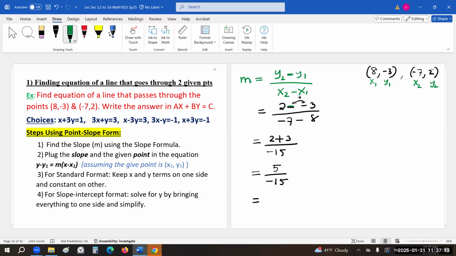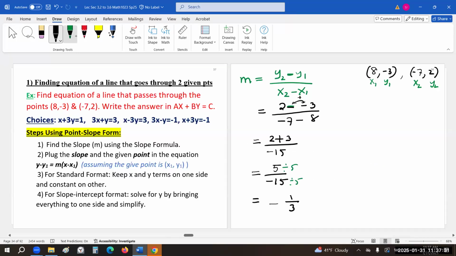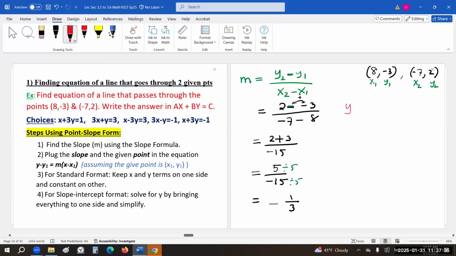By what number? 5. So we can divide both of them by 5. So what is our slope? Negative 1 over 3. So we have our slope, we have 1 point. So what we do next is we go to our point slope format. y minus y1 equals slope times x minus x1.